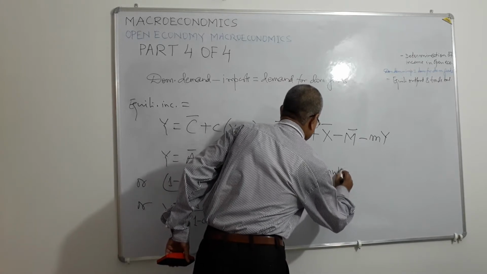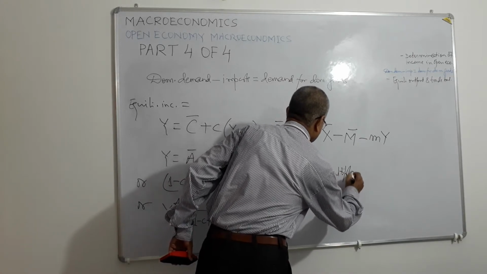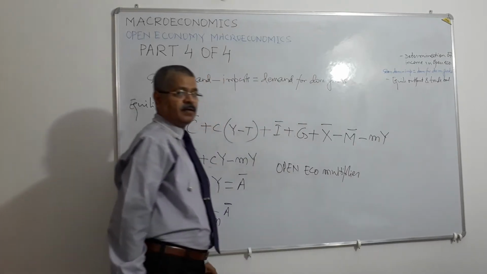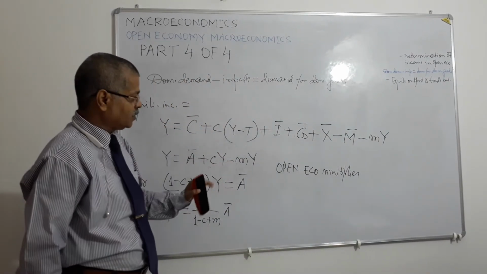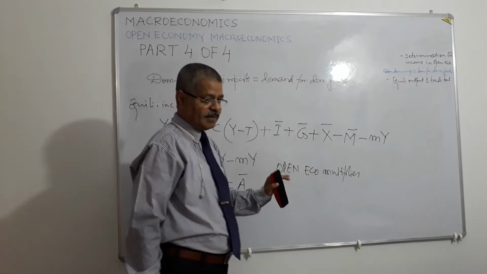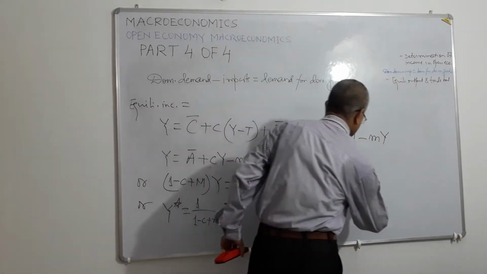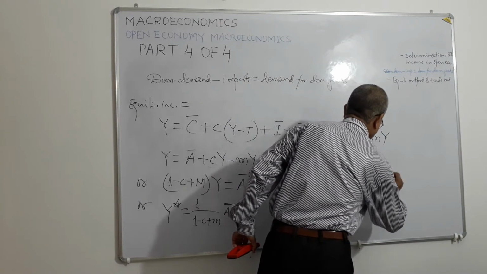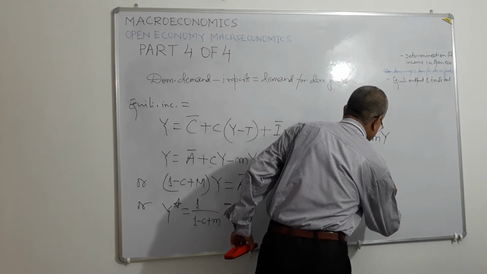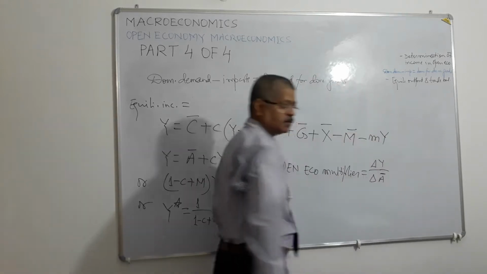We have already discussed one multiplier, which keeps playing its role, right? So open economy multiplier is equal to delta Y upon delta A bar, right?